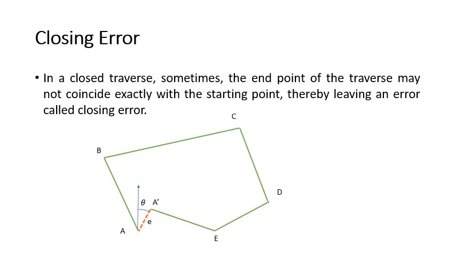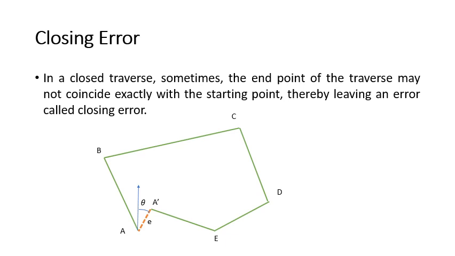What is the length, what is that gap, that error of closing? That length, the magnitude, is represented here as E. That is the distance by which the error occurred. And the direction in which that error occurs can be measured through the bearing of that closing error line. That is theta.